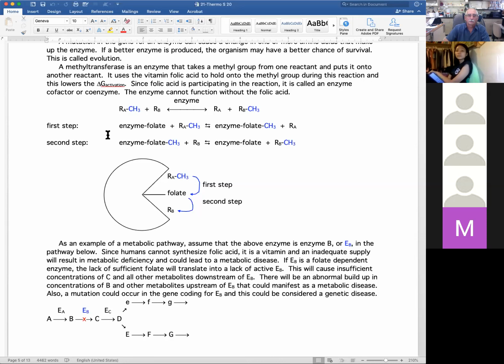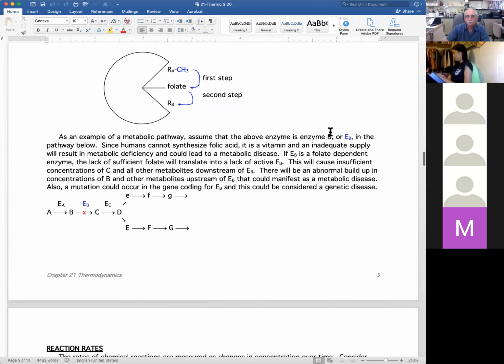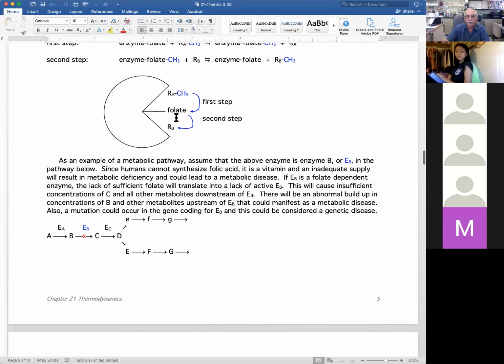So now the enzyme is loaded up with methyl groups. The new reactant comes in, then it simply transfers the methyl group to that new reactant, and there's your final product. So here's a schematic.